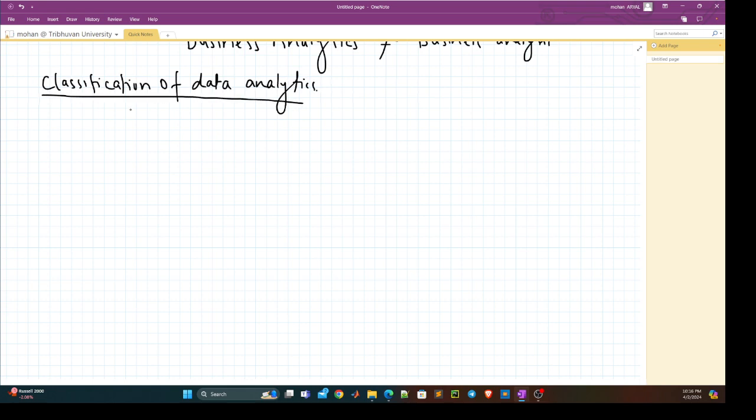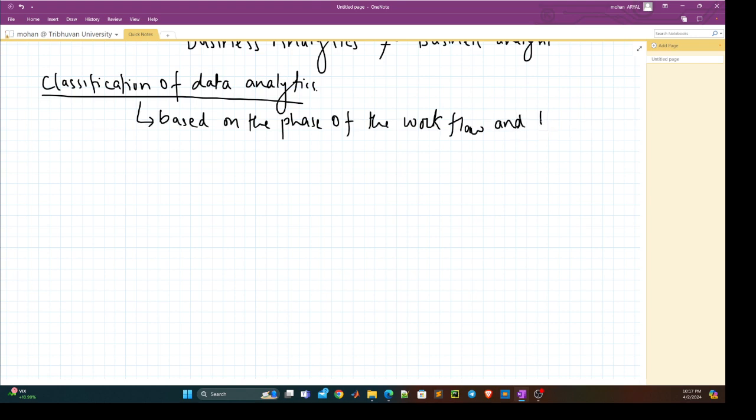We'll classify data analytics based on the phase of the workflow and the kind of analysis required.